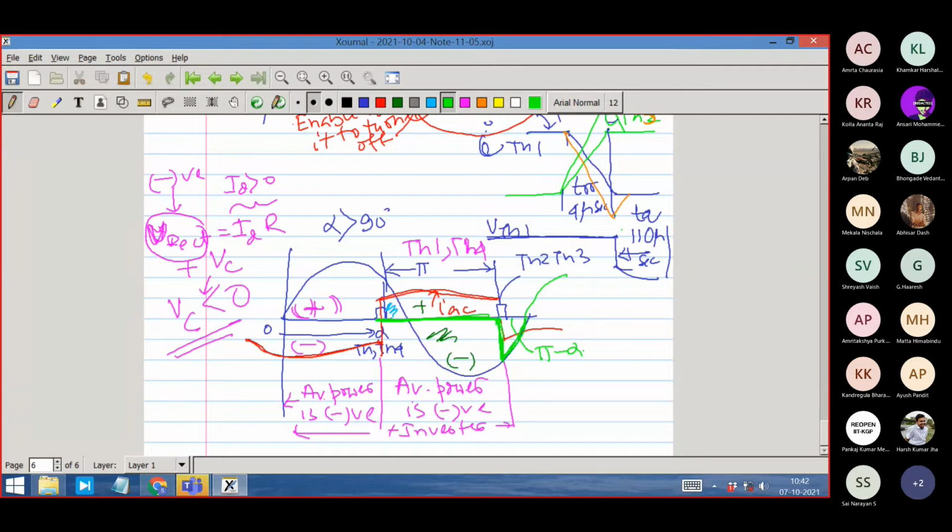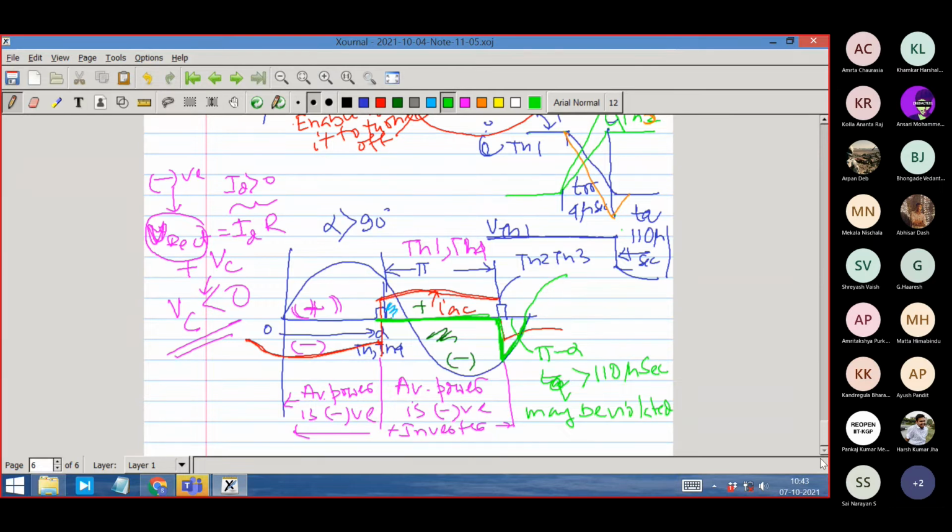So what may happen is that you may violate the TQ condition in this situation. TQ should be greater than 110 microseconds in this specific case, and may be violated. Let me calculate at what alpha it will violate.